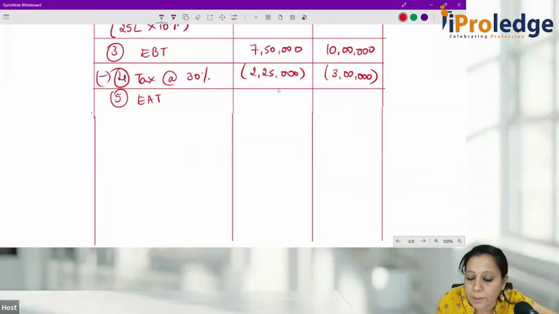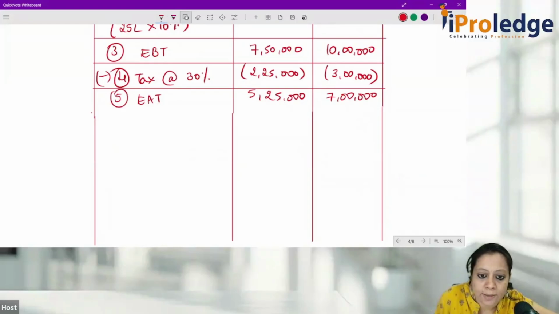EAT is going to be what? 5,25,000 and 7 lakhs. So EAT is also done.